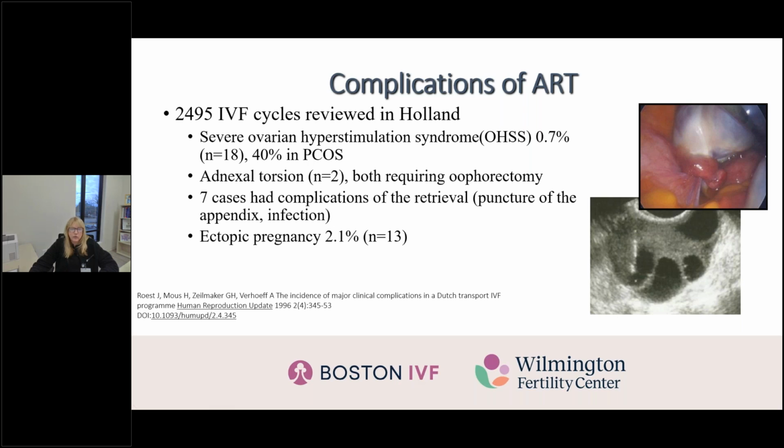Most of those times they're going to be transvaginal. So there are small risks of bleeding, infection, injury to organs. The ovaries are enlarged after the retrieval, and so there is an increased risk of adnexal torsion in these patients, but only 2 in this study. And then they had an incidence of ectopic pregnancy of 2%.